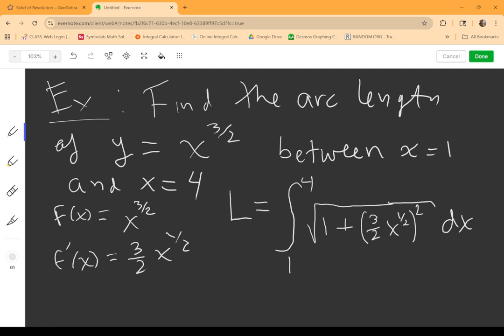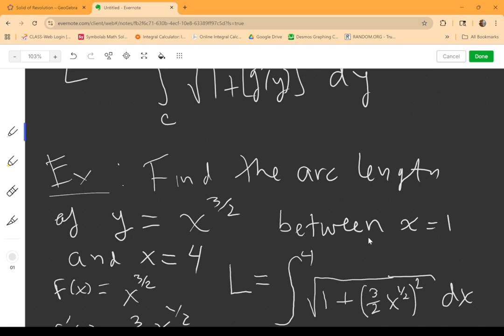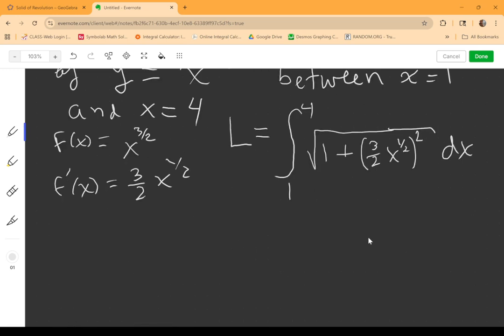Now let's work through this. Squaring the function, we get the integral from 1 to 4 of the square root of 1 plus 9/4 x dx. Okay. So now the question becomes, can I integrate this?